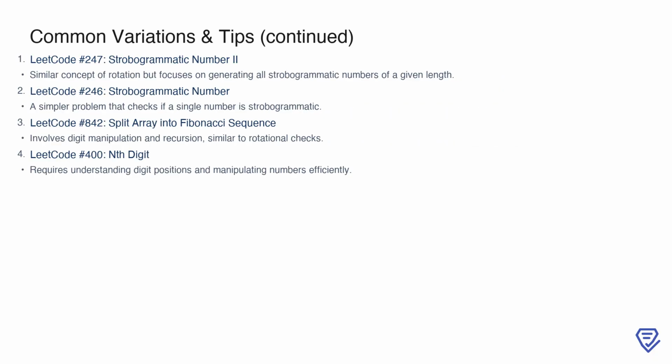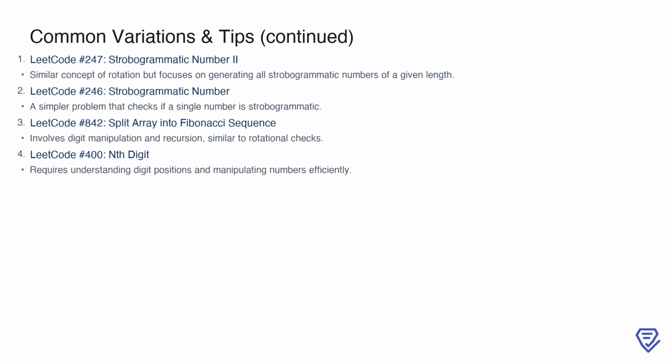If you're looking to deepen your understanding or practice related concepts, there are several LeetCode problems worth exploring. For example, problem number 247, Strobogrammatic Number II, involves generating all strobogrammatic numbers of a given length, which builds on the idea of rotations. Problem number 246, Strobogrammatic Number, focuses on checking if a single number is strobogrammatic, which is a simpler variation of this problem.